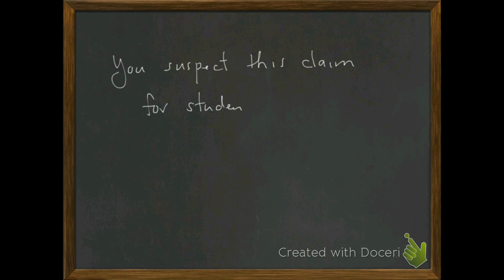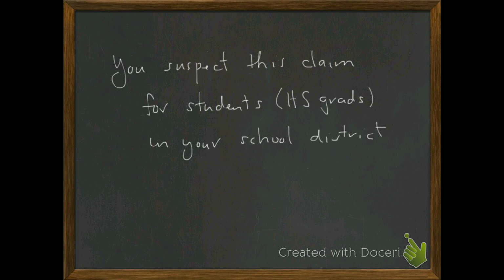Now you kind of suspect this for students, actually high school grads, in your school district, because you think the mean for your kids, well, not your kids, is higher.